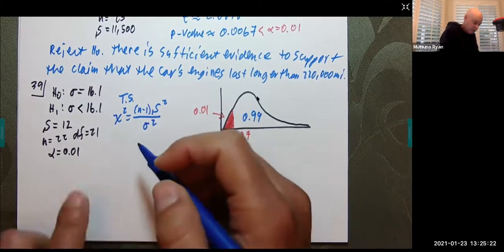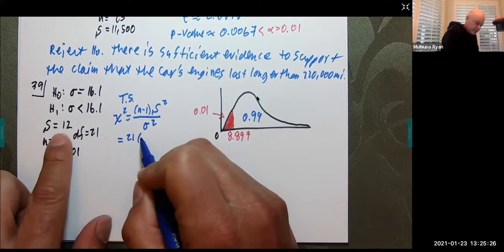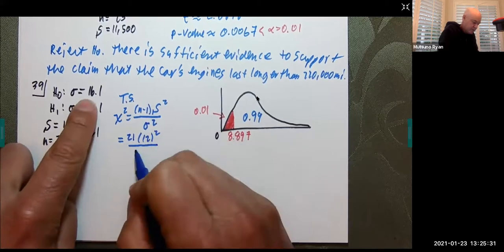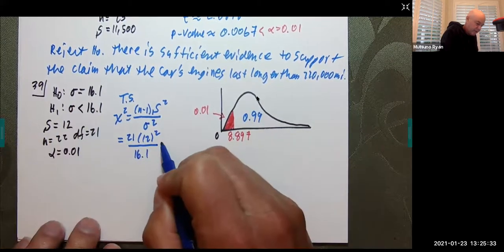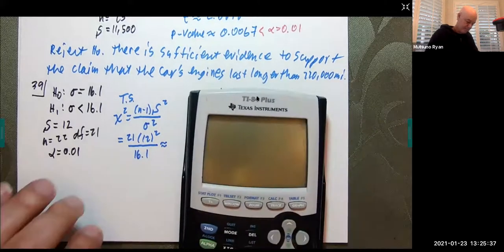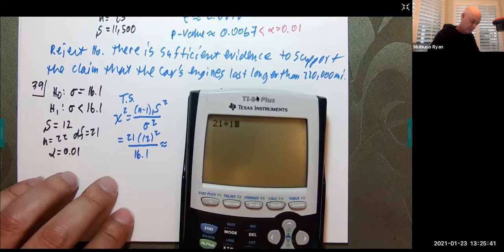Now, n minus 1 is 21. S is here, 12 squared over sigma, 16.1. Let's see what we get. That should be squared.